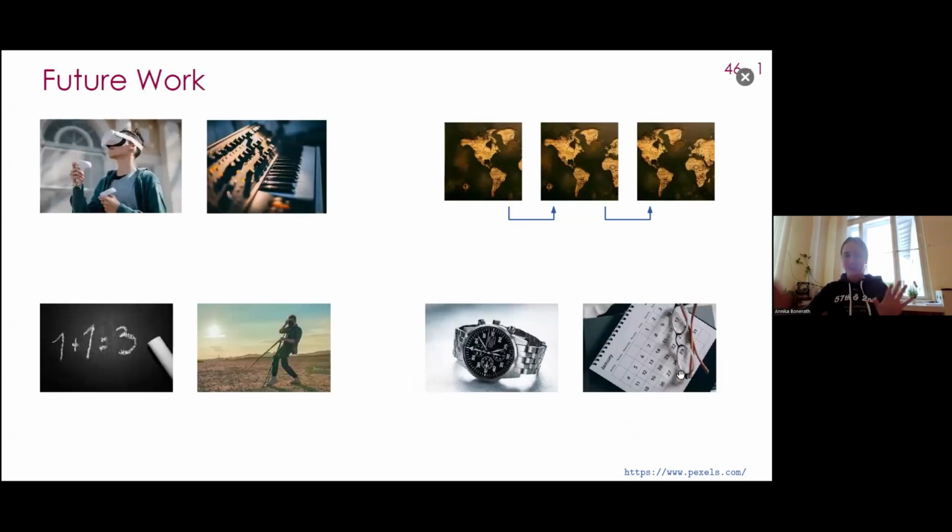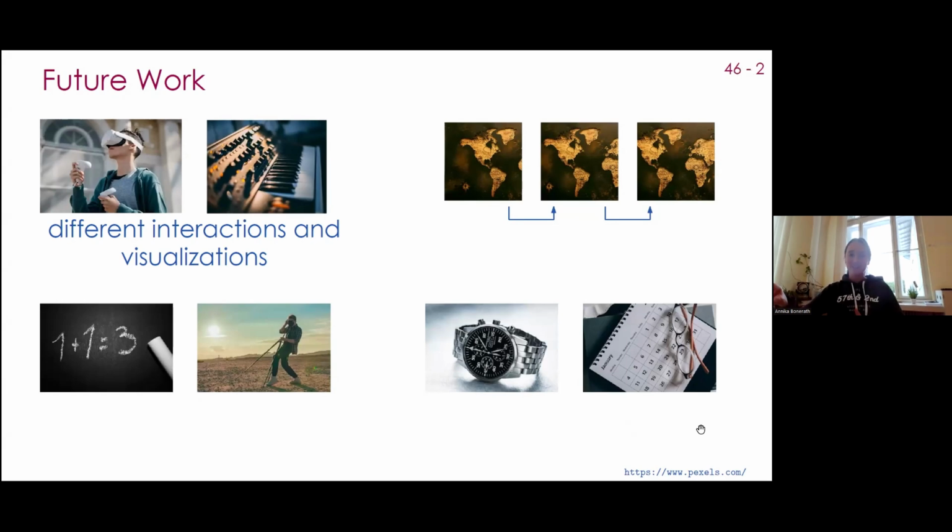For future work, I do have 4 topics. So the first topic are different interactions and visualizations for time window data structures, which are of course also very interesting. So maybe if you have AR or VR visualizations, you need another way of thinking of the data structure.